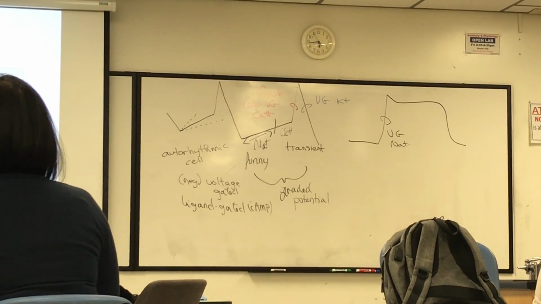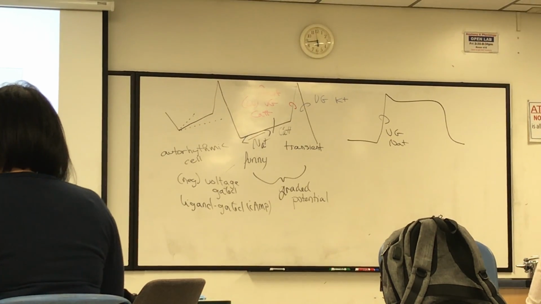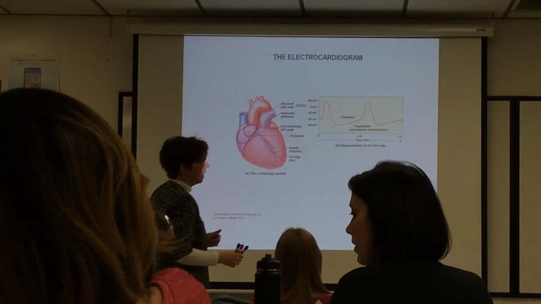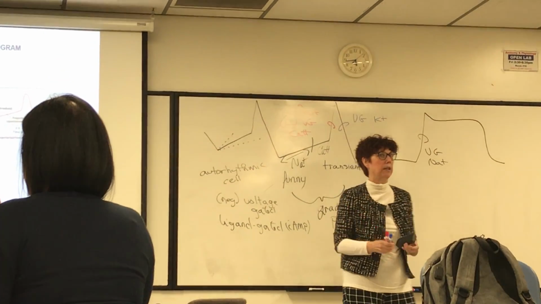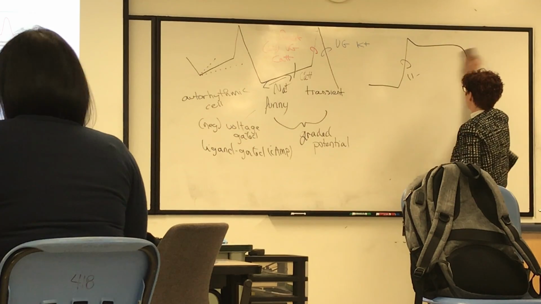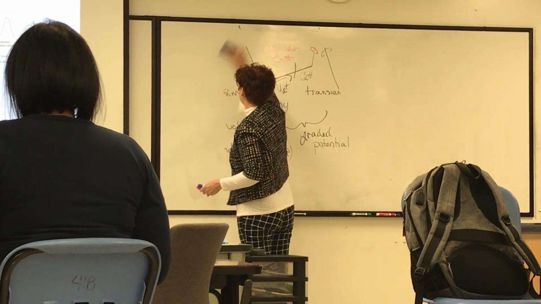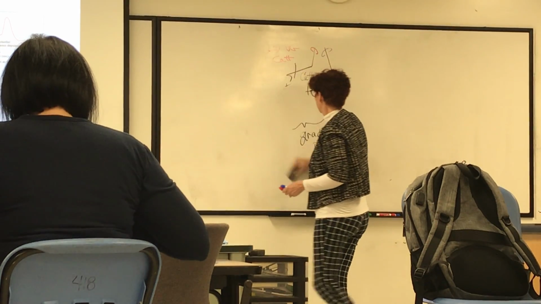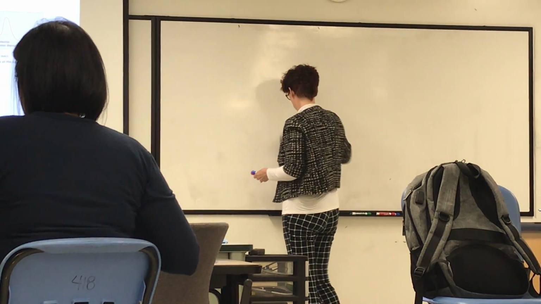All right, so we're going to look at then how this change in electrical current is picked up by an electrocardiogram. And what we see when we do an electrocardiogram, remember how when I described what you're going to be doing with the physiology and the frog heart? How the changes that are shown on the oscilloscope are not electrical current, but are contractile forces.